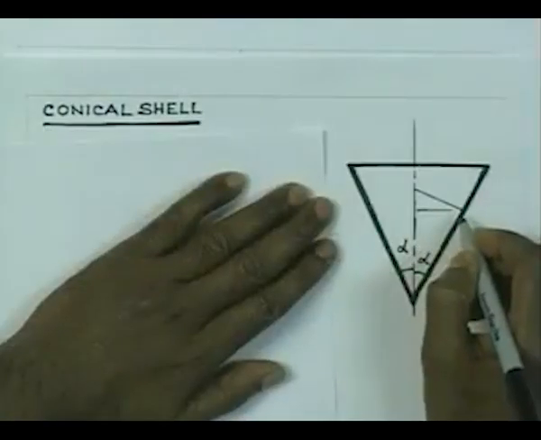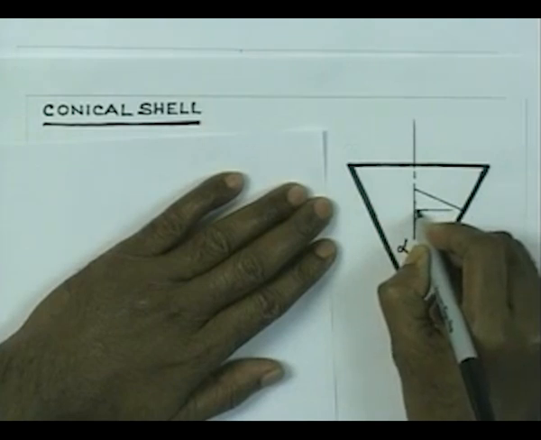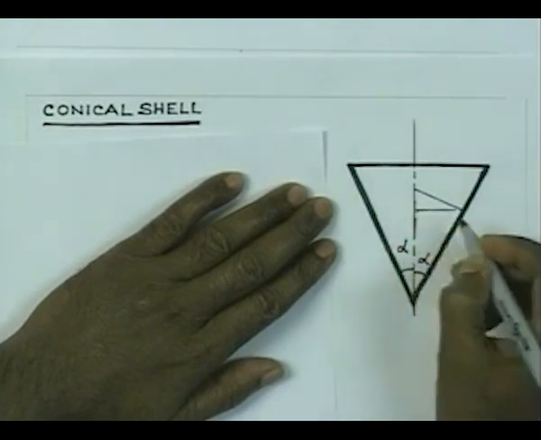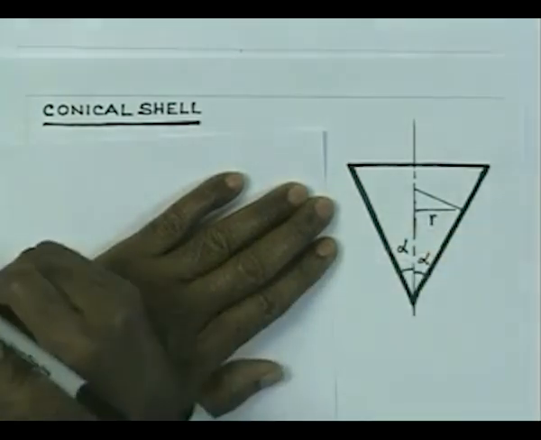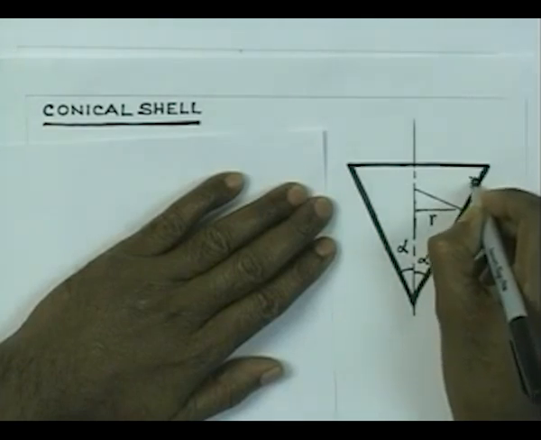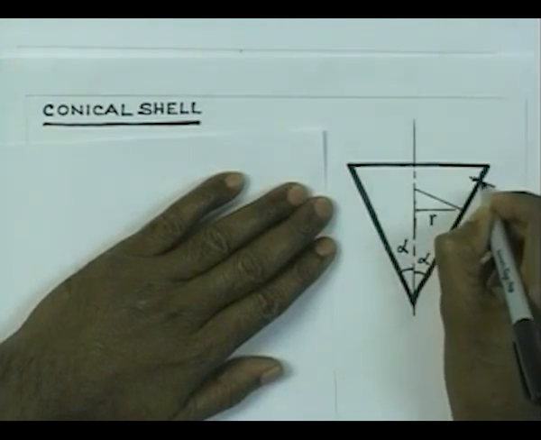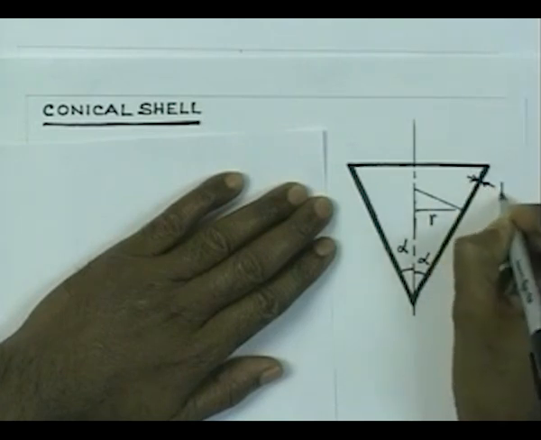Let us say that the internal pressure of this conical vessel is P, and we are interested in calculating the stresses at every point. We just concentrate on a section here. This is a section of radius, let us say r, and we will consider the wall thickness to be equal to T.